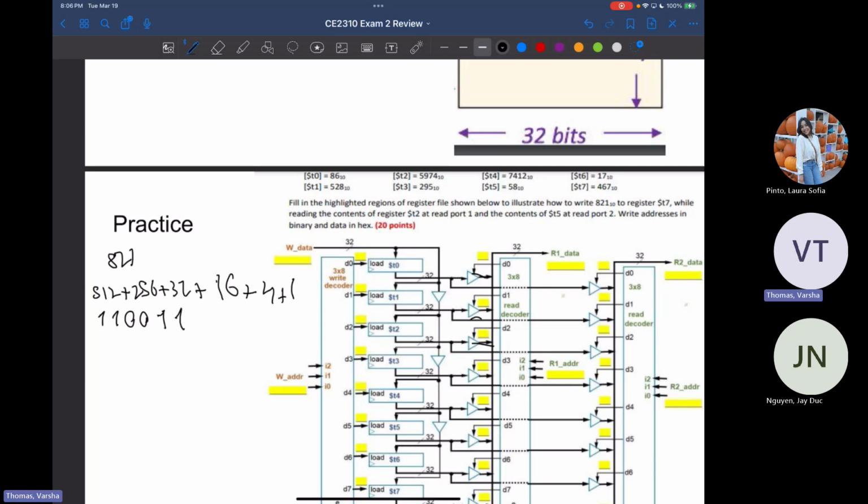We don't have 8, so 0. We do have 4, so it'll be a 1. We don't have 2, so 0. And we have 1, so our binary will be 1100110101.